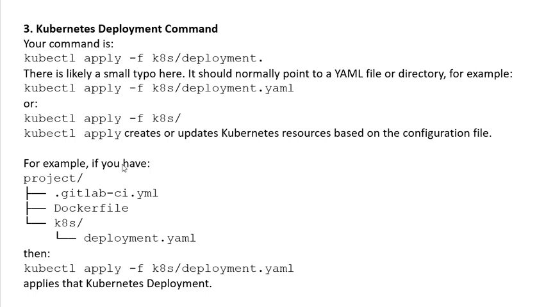For example, if you have a project with a .gitlab-ci.yml file, a Dockerfile, and a k8s folder inside with deployment.yml files, then kubectl apply -f k8s/deployment.yml applies that Kubernetes deployment.